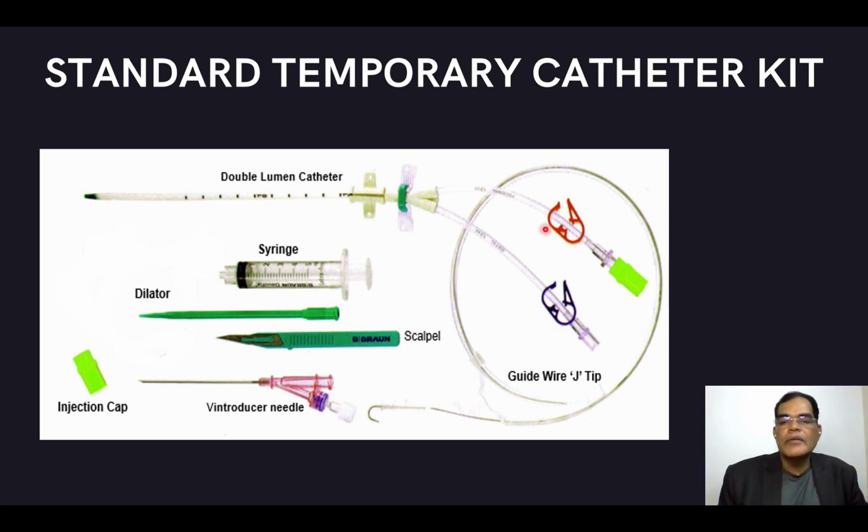Once everything is done, we need to secure the cap. So this is the procedure of introducing a standard temporary catheter, and now it's available in kits, so it's easy to make, easy to insert, and conveniently available.